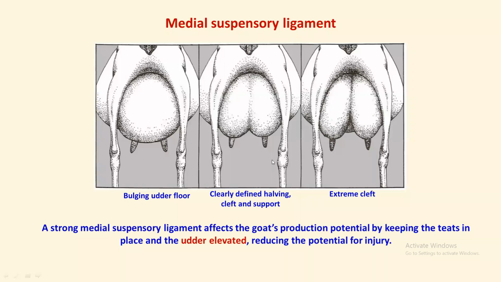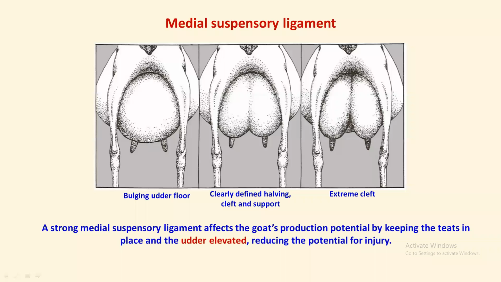Next is median suspensory ligament. Median suspensory ligament is nothing but the udder cleft. The udder cleft should be as deep as possible. Actually, how it is measured is, you first find the base of the teats and draw a straight line at the base of the teats.